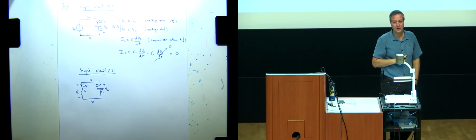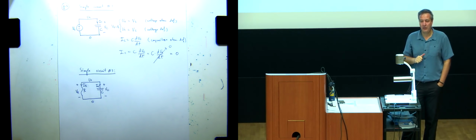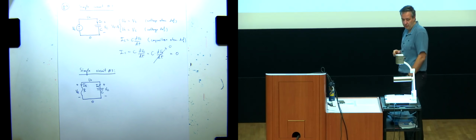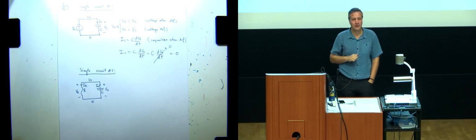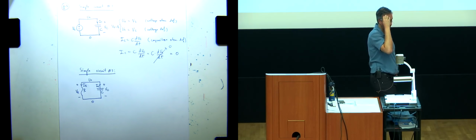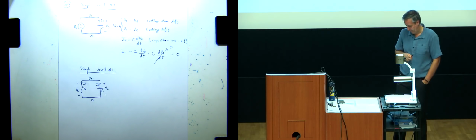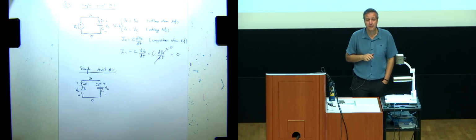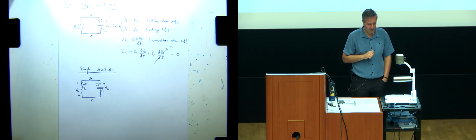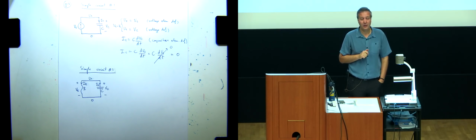So, who can tell me what is U1 in this circuit? U1 is this potential over here. It's equal to 0, right? Okay, why?